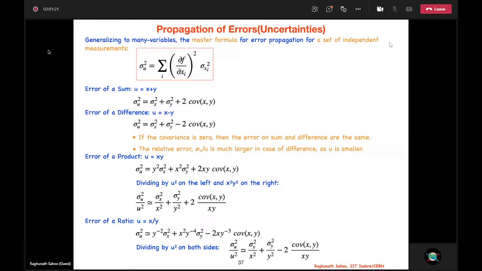So the only thing is division and product. What you will find is the covariance term is different, otherwise the relative error is the same. But again, once you calculate the relative error and put the percentage, the number will matter. So ratios may give you a difference compared to the product in the relative error.